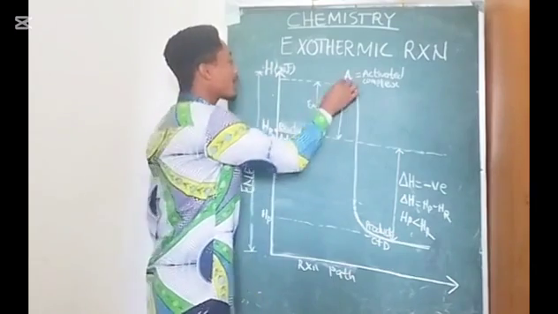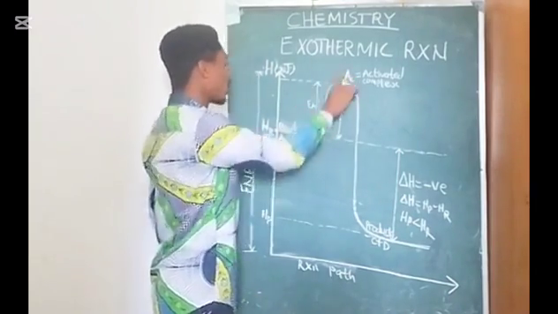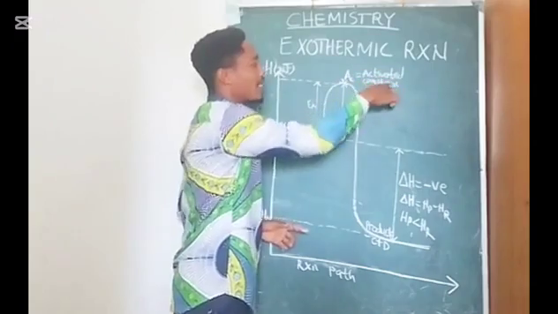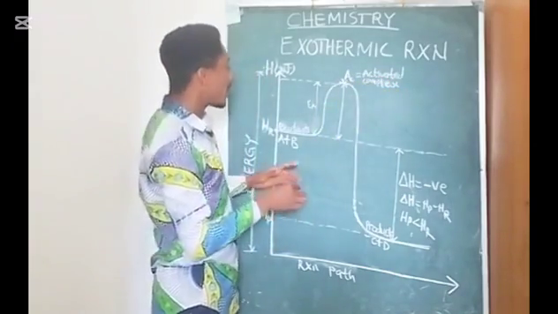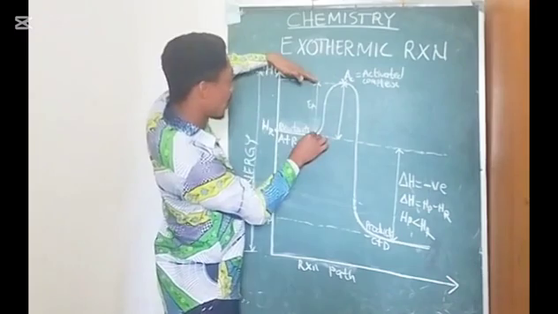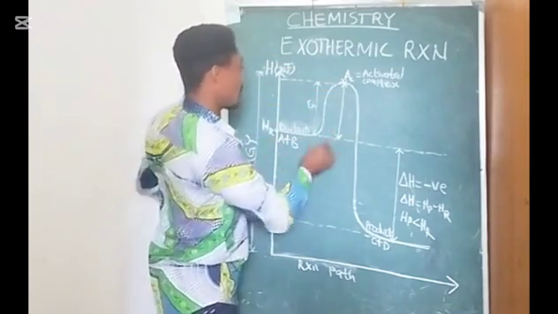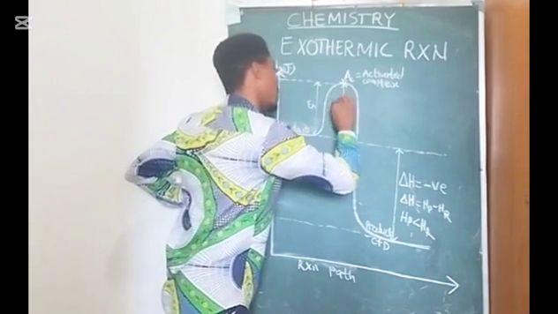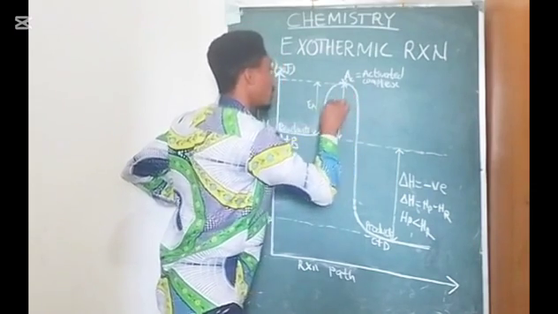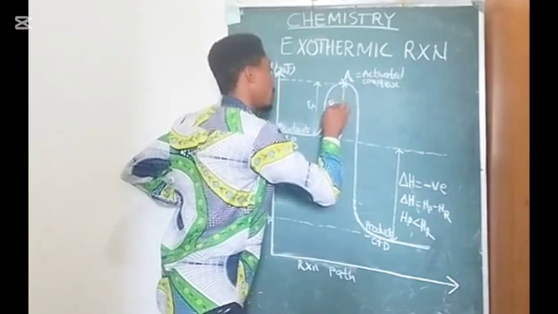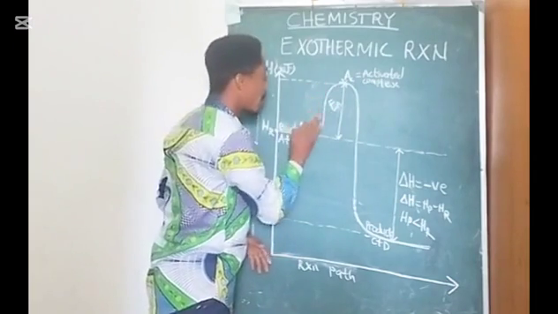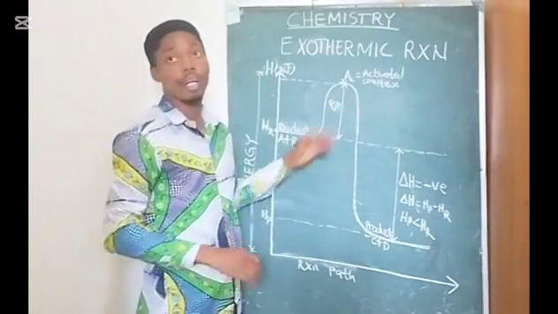Now, this maximum point in the progression of this reaction is denoted AC, called the activated complex. The difference between the potential energy of the reactant and the activated complex is called the energy of activation.